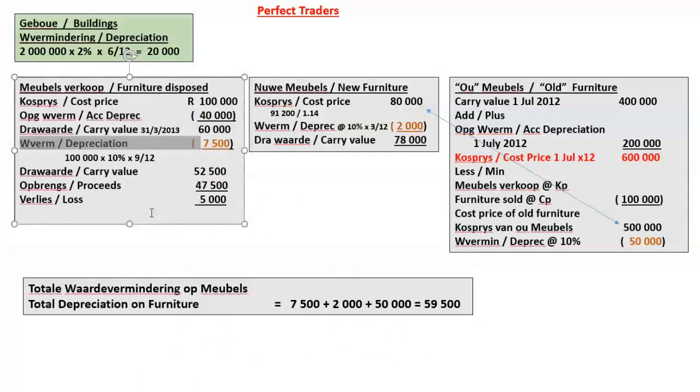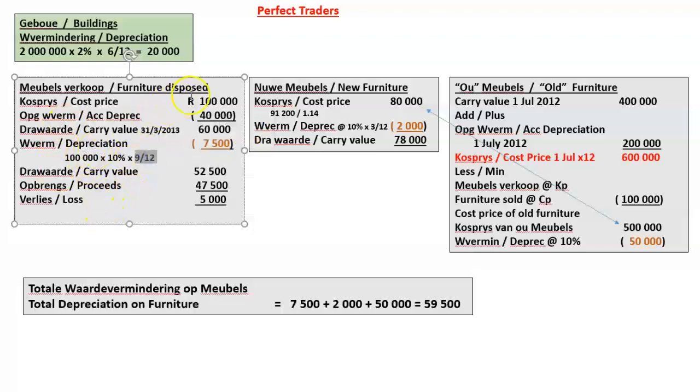So the cost price was 100,000, the accumulated depreciation up to the beginning of the year 40,000, which gave us a carrying value of 60,000 as at the beginning of the year. We have used that asset for 9 months of the year.